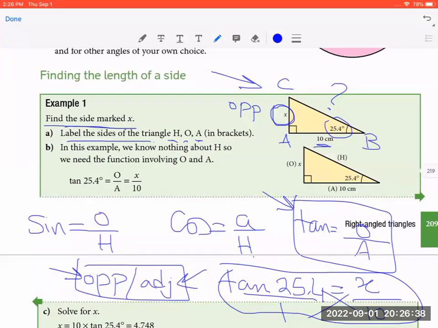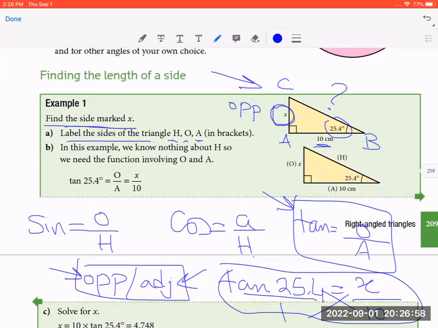Now go to your calculator, please, and write 10. Press the button, which is tan. I'm sorry, do I do the tan first or the 10? No, 10 first.